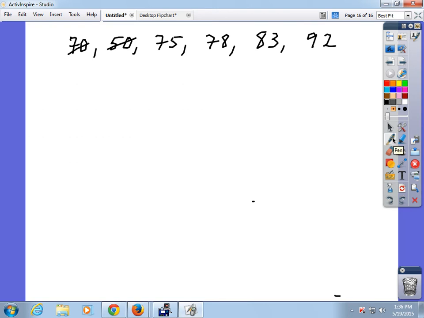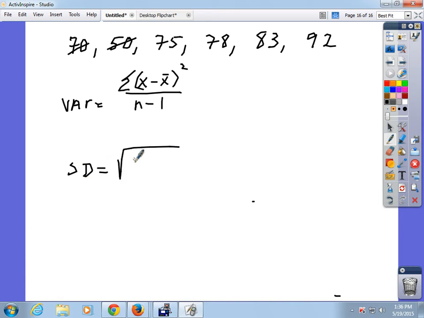The formula for the variance is equal to the summation of x minus x bar quantity squared over n minus 1. And then the standard deviation is equal to the square root of the variance.